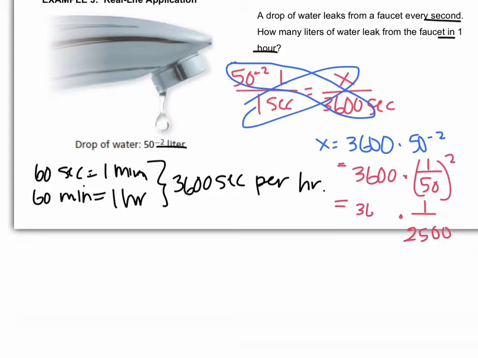Bring back the 3600 times. Well, I can put this over 1 and do 3600 over 2500. And when I do that division, I get 1.44 liters.